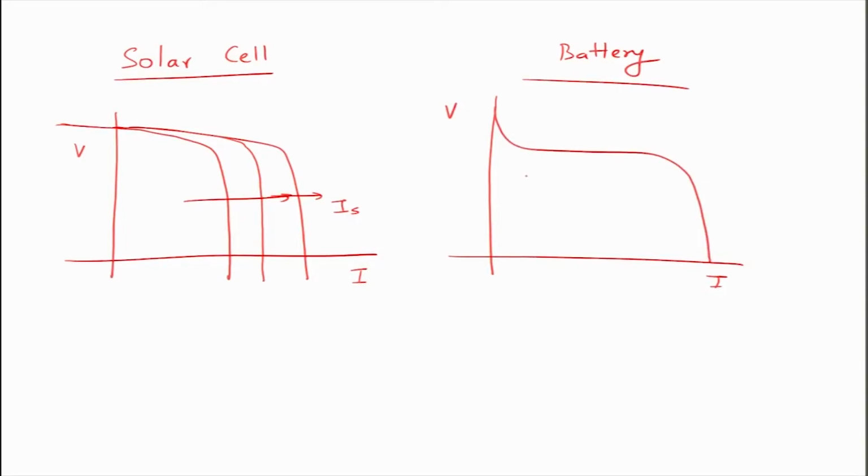Of course, it may change with temperature. It gives you an EMF corresponding to a certain voltage, and then a certain current at that voltage, and there is no change in the curve with light.